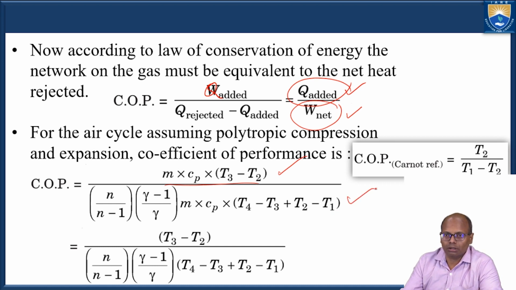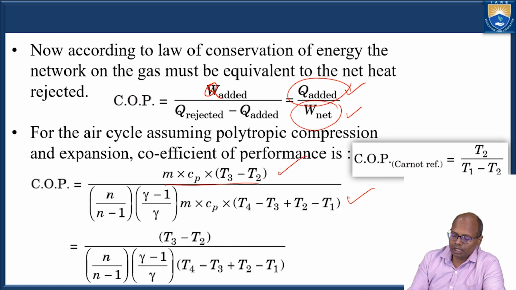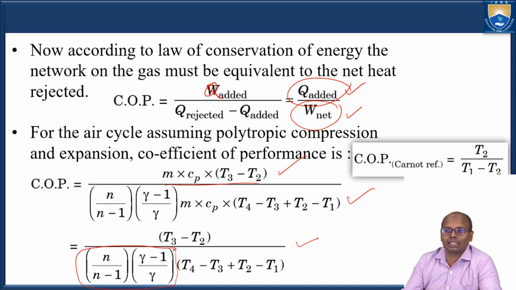This equation. Now, if I cancel out the mCp, this is equal to T3 minus T2 by this value. And if it is an isentropic process, then these two values also will disappear.